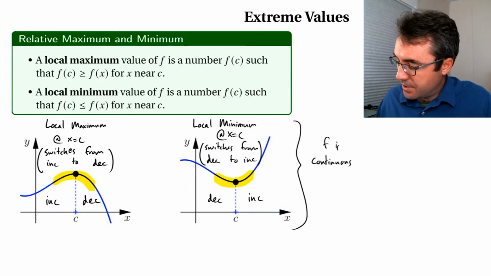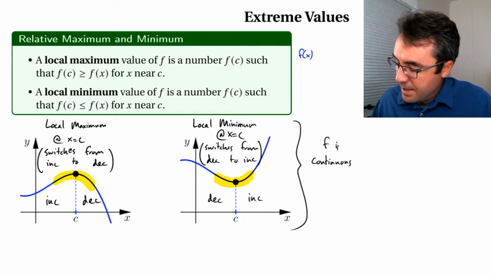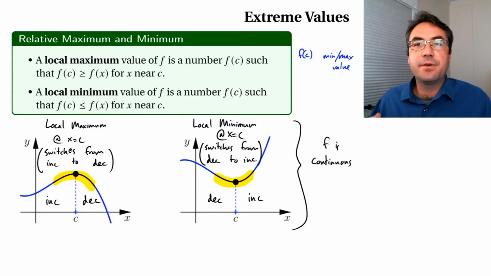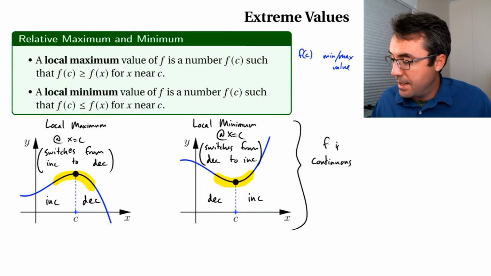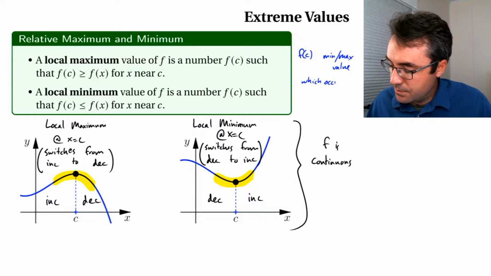And just one thing to kind of emphasize here, f of c is the min or max value. So when we say the local maximum value of our function, we're actually talking about the function value f of c. And then a lot of times we then say which occurs at x equals c.